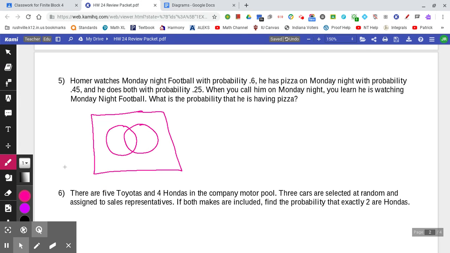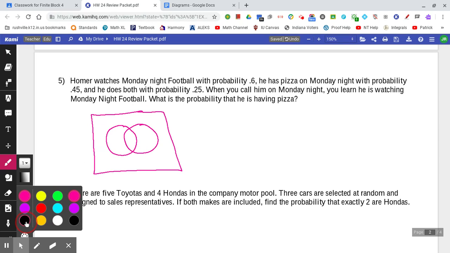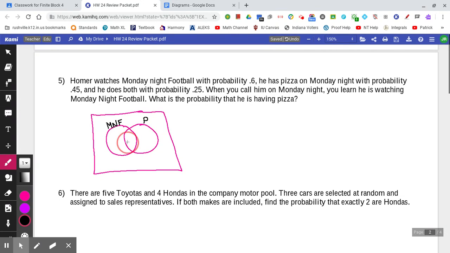This next one, once again, would be well set up with a Venn diagram. One of the events represents Homer watching Monday Night Football, and the other event is that he is eating pizza. Going through what it says, he does both with a probability of 0.25. Remember, for Venn diagrams, you always try to fill out the innermost first and then work your way out.